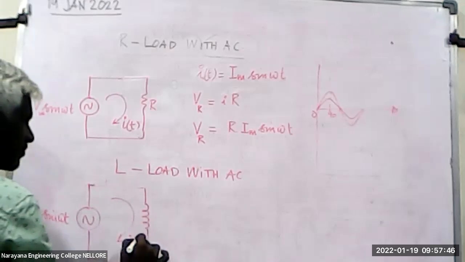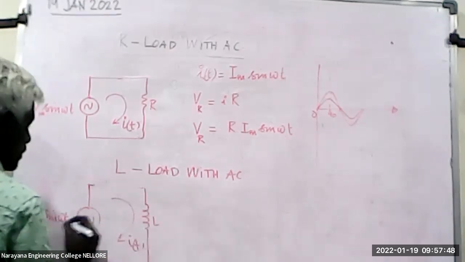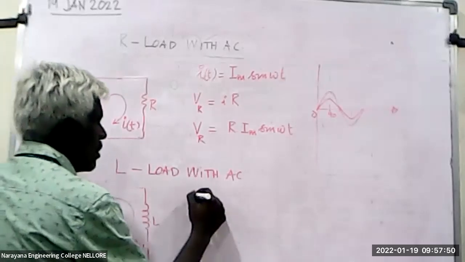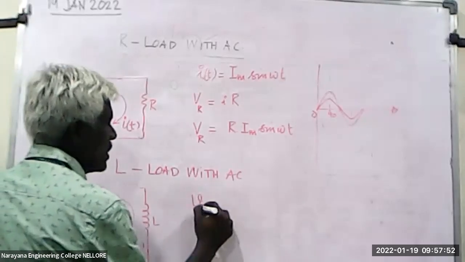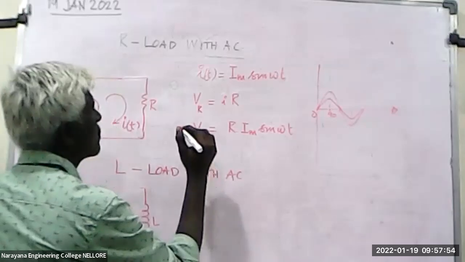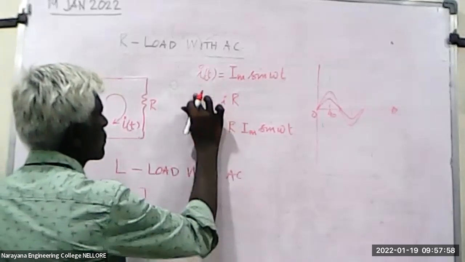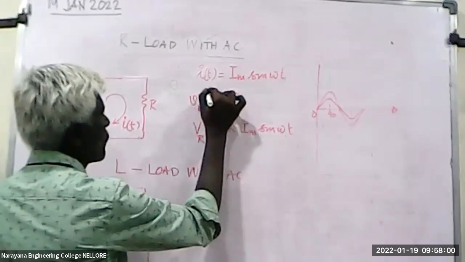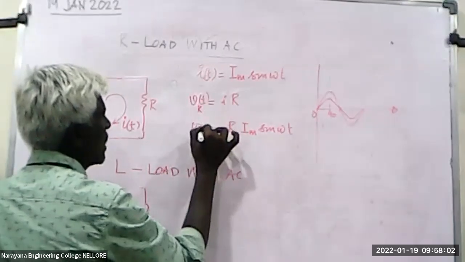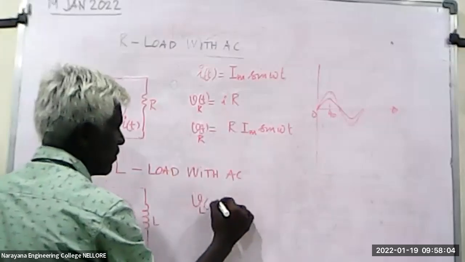Current i(t) flows here through L. This is actually v(t), the instantaneous value.